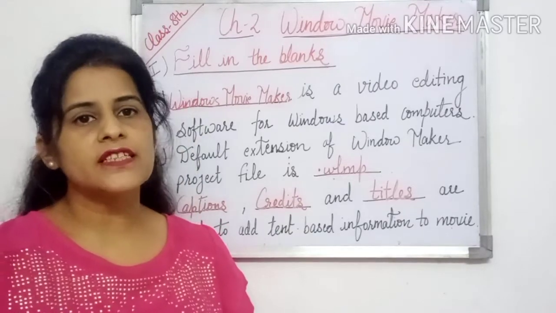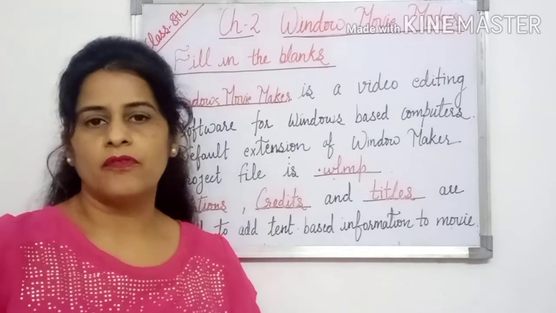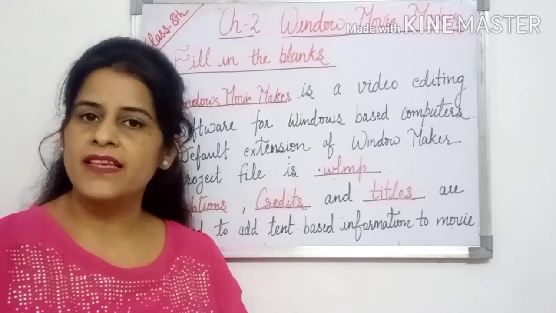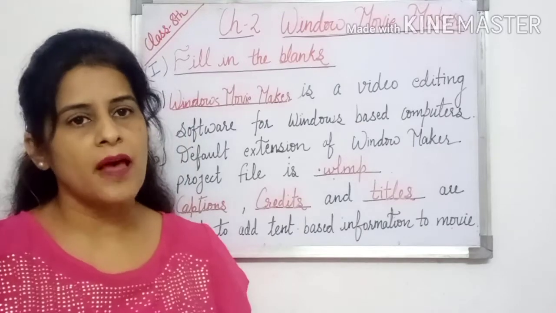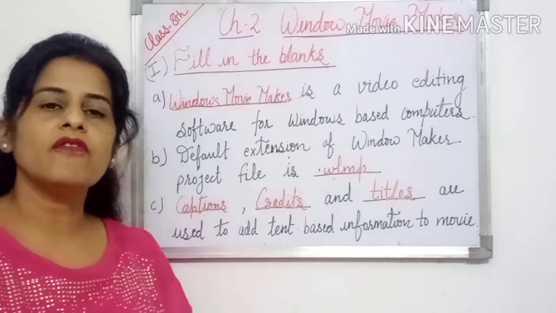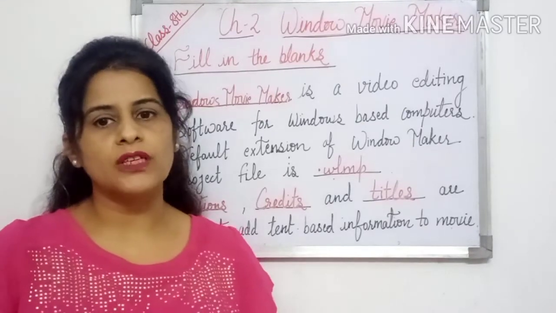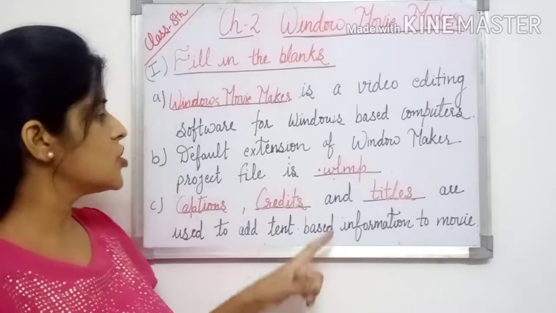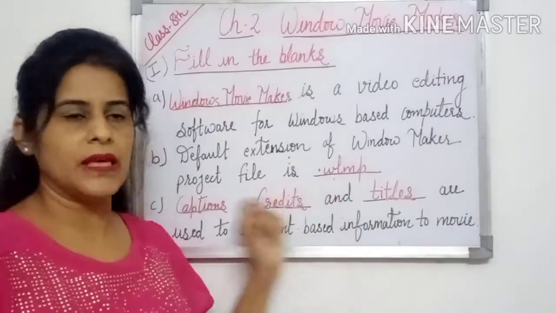It differentiates that this is a Word file. When you are making files in Excel, then the extension is .xls. It means this is an MS Excel file. Similarly, when there is a Windows Movie Maker video file stored in your computer, that extension will be WLMP.